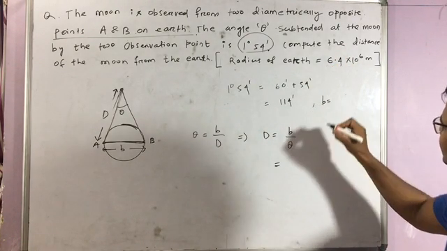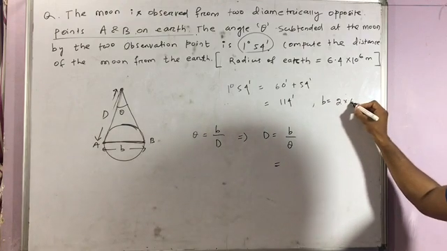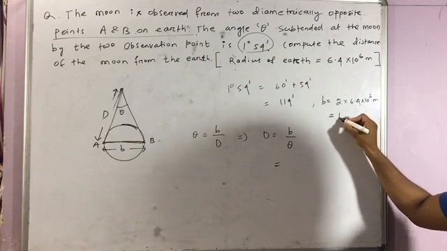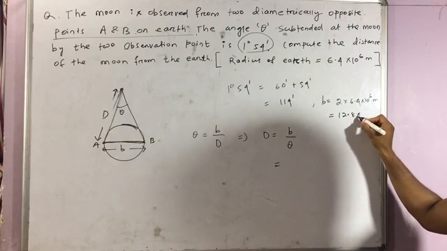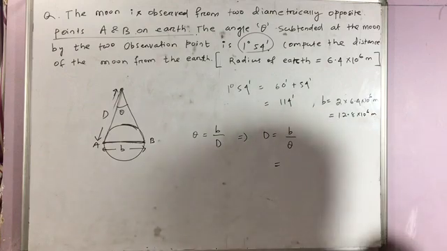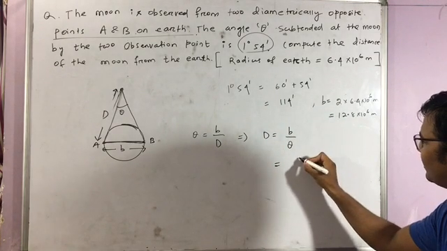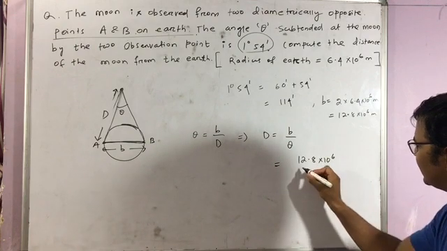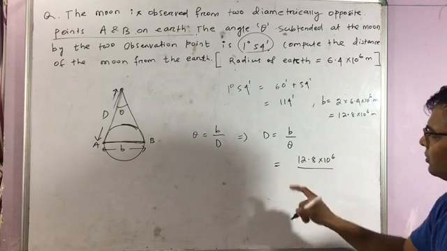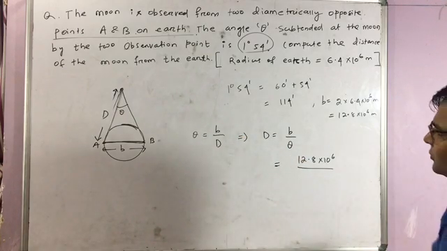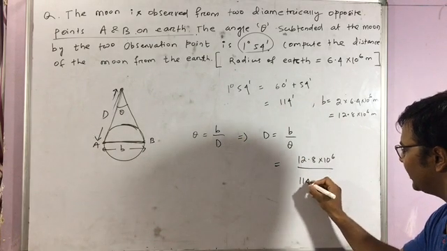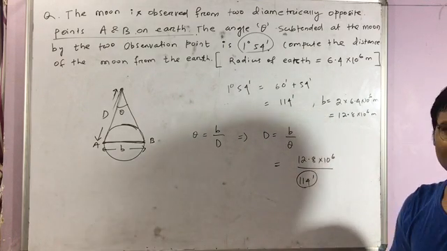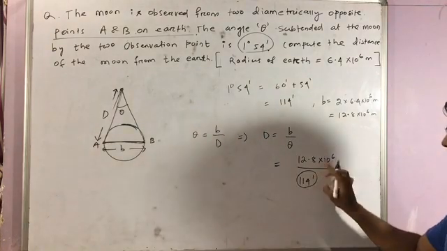Data given, B is equal to 2 into 6.4 into 10 to the power 6 meter, which is 12.8 into 10 to the power 6 meter. Now you can put the value over here, that is 12.8 into 10 to the power 6 divided by your theta. Theta is how much? Theta is 114 minute. Now you can convert this minute into radian. Got it? So you can calculate the value.